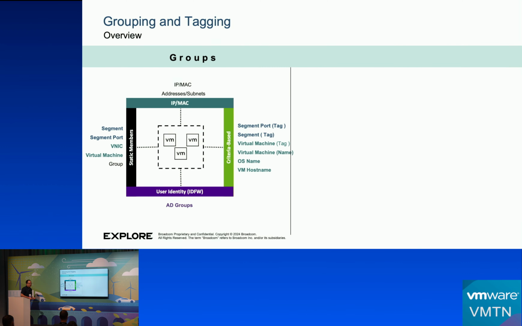So grouping and tagging. What I normally say is, there are 3 steps you need to follow for segmentation. The first is to create a strong foundation, which is grouping and tagging. Second is to create policies and profiles for your environment based on zones, infrastructures, and applications.